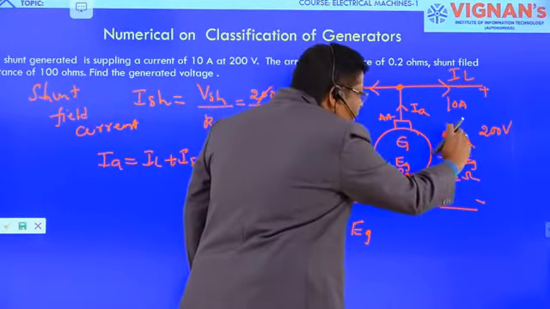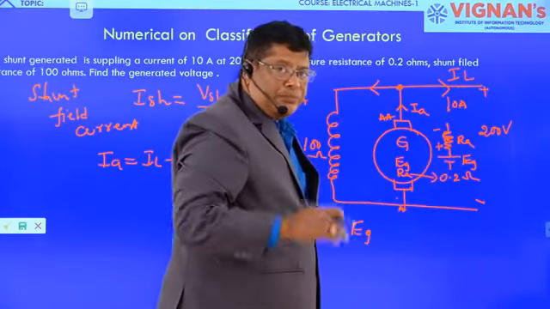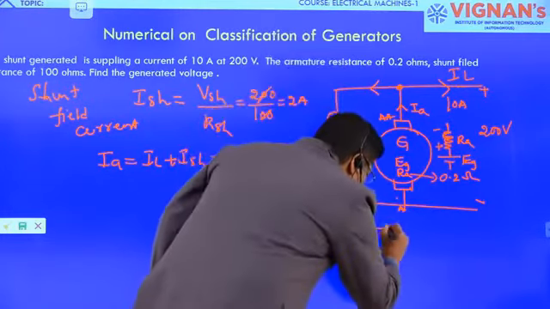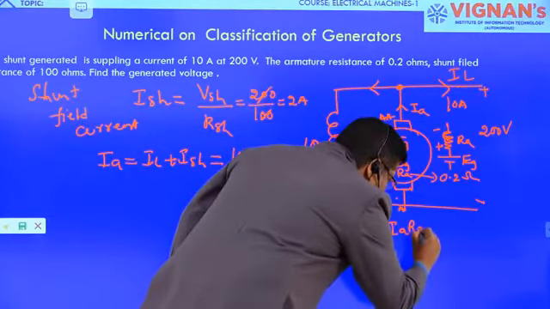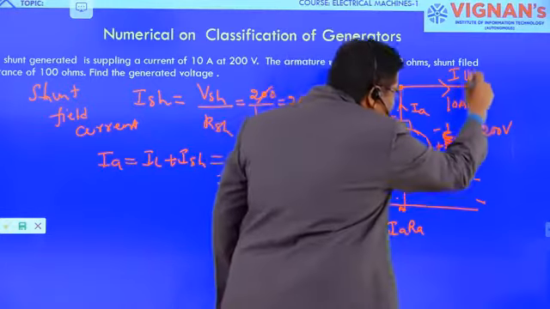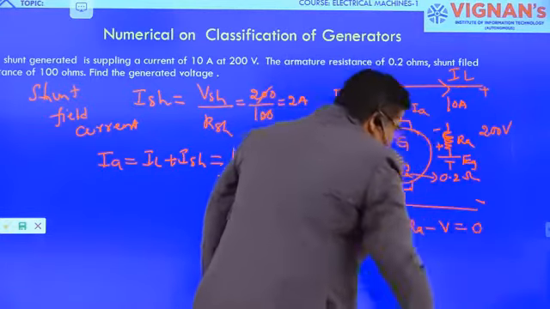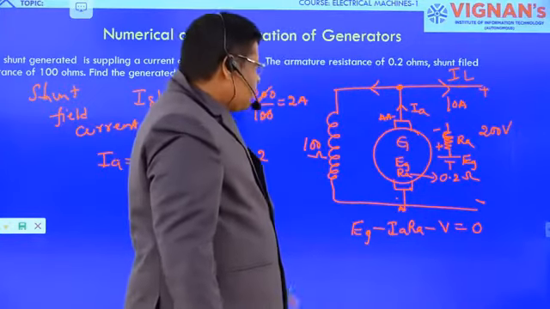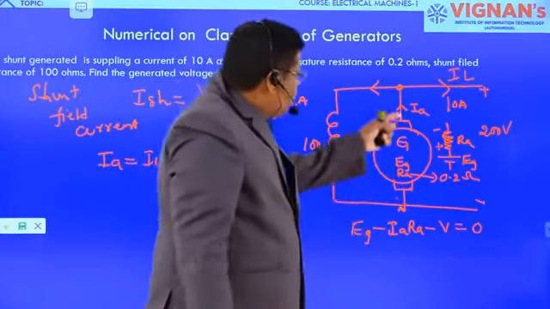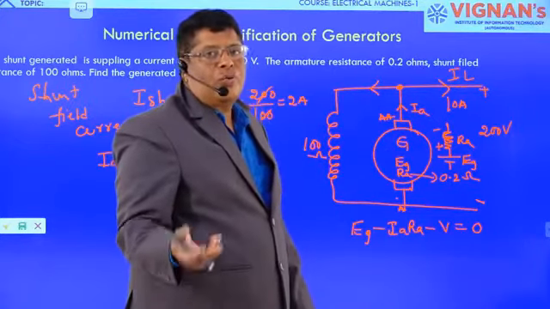The voltage drop across a resistance, this is plus, this is minus, nothing but a fall in voltage, you take as minus: IA RA. Next again this is a voltage fall, minus V equal to 0. Nothing but the algebraic sum of the voltages in a closed path is equal to 0. That is the Kirchhoff voltage law.